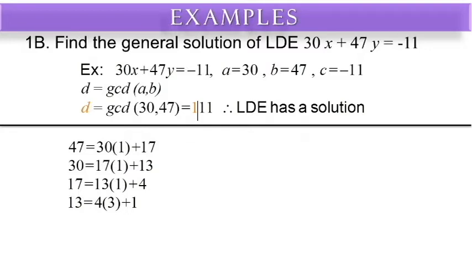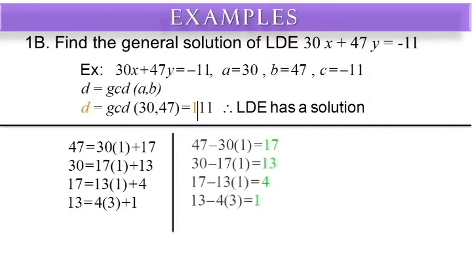Next is 17 equals 13 times 1 plus the remainder 4. And we have 13 is equal to 4 times 3 plus our remainder 1. So since 1 is the remainder and our GCD is also 1, we have to stop.